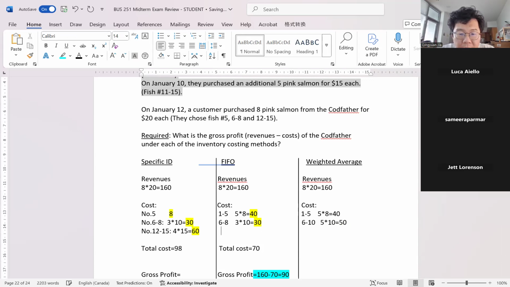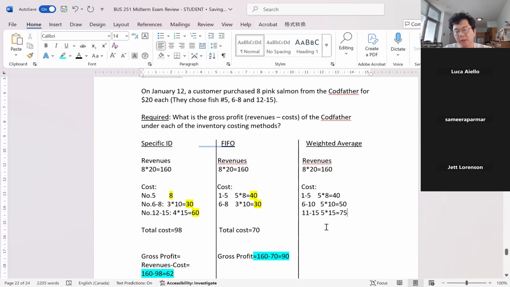And for the last 5 fish times 15, we got 75. So these are the 3 times that we purchased the fish, always with different prices.